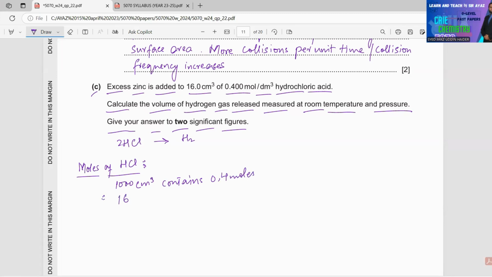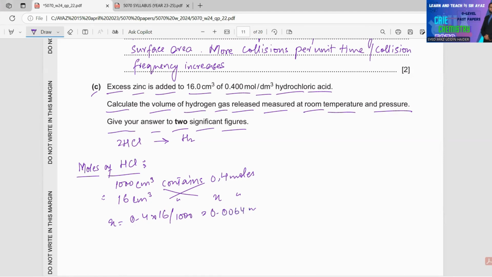Therefore, 16 centimeter cube contains X moles. Do the cross. So X is equal to 0.4 multiplied by 16 divided by 1000. So 0.0064 moles.